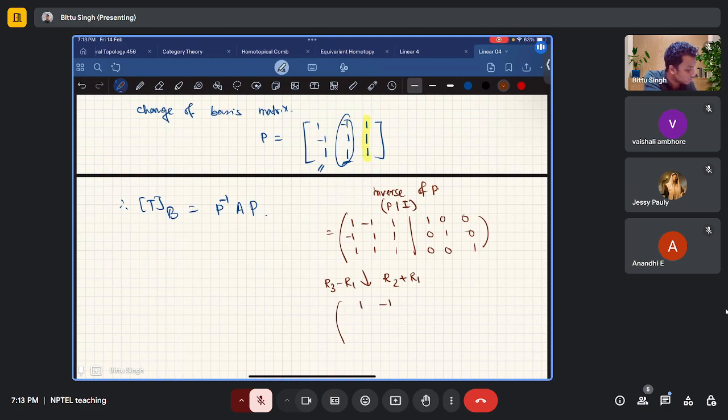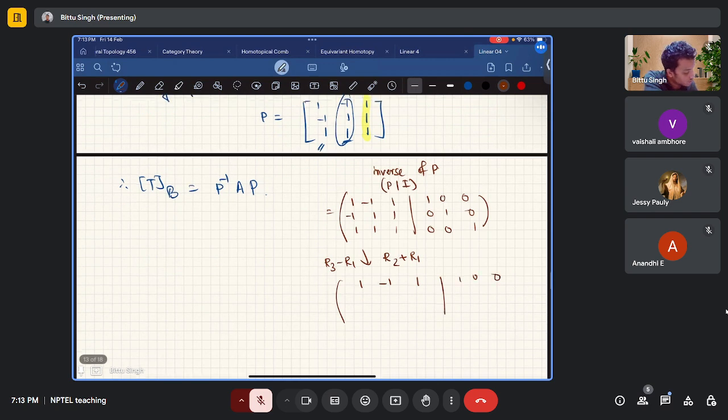So the first row is fixed, 1 minus 1 1 1 0 0. The second row is 0 0 2 1 1 0. The third row is 1 minus 1, which is 0, 1 plus 1, 2, 1 minus 1, 0, and then minus 1 here, 0 1.